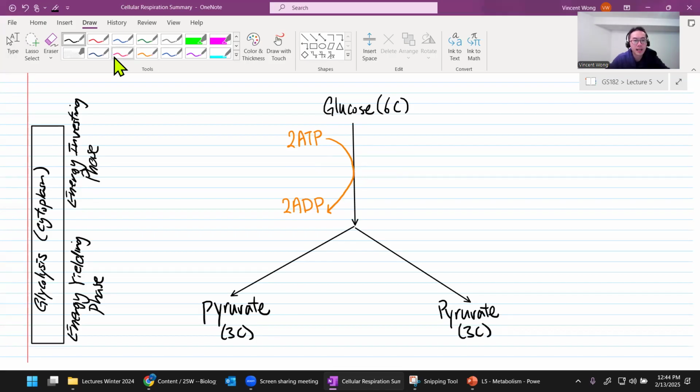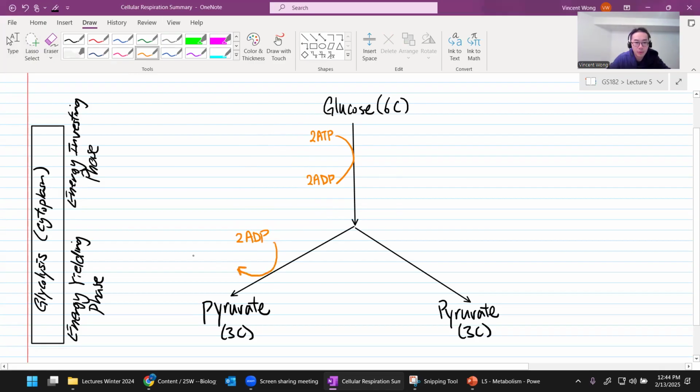Now, don't forget this is the energy yielding phase, so you're actually going to get some energy return. Let me just make this a little bit smaller. Okay, so you're going to have 2 ADP coming along, and then through substrate level phosphorylation, you're going to get 2 ATP. But each path is going to do the same thing.